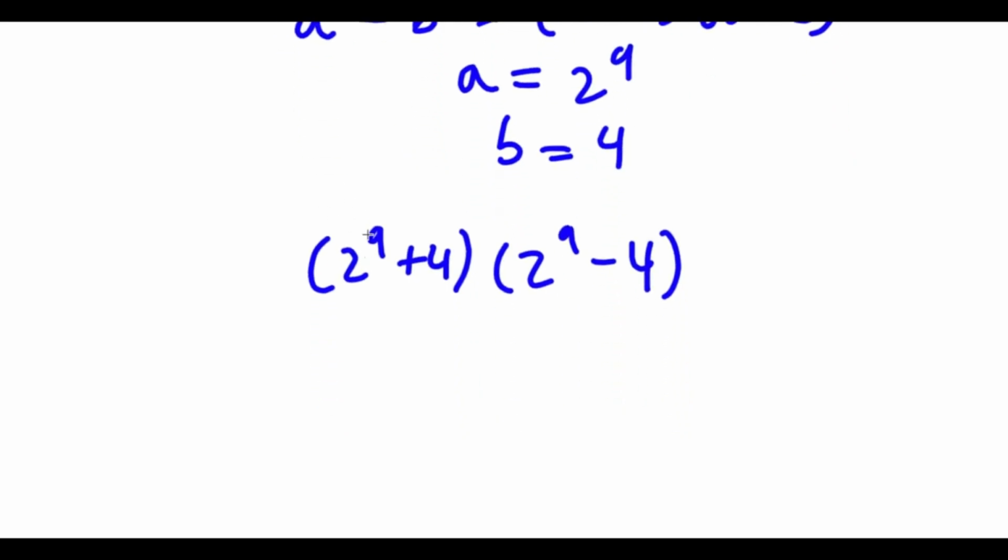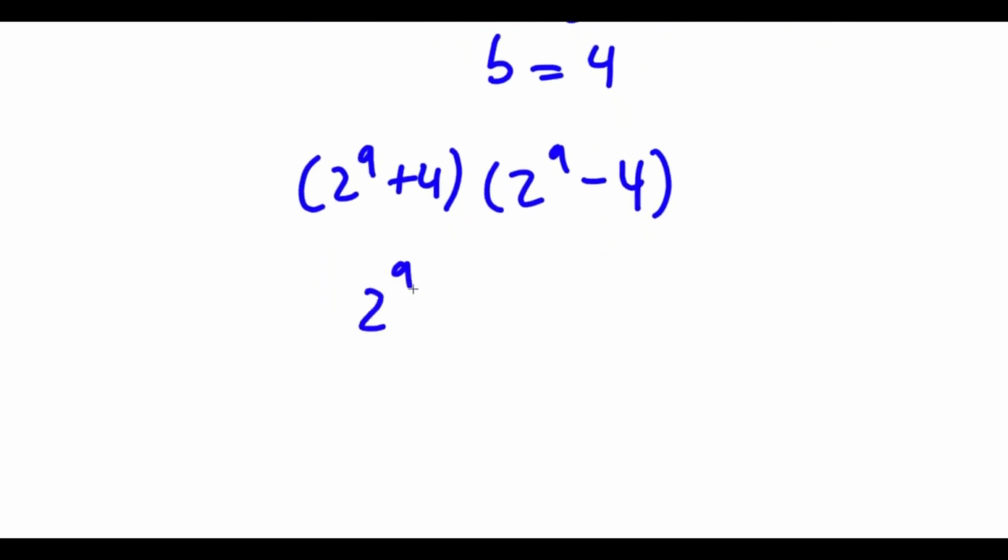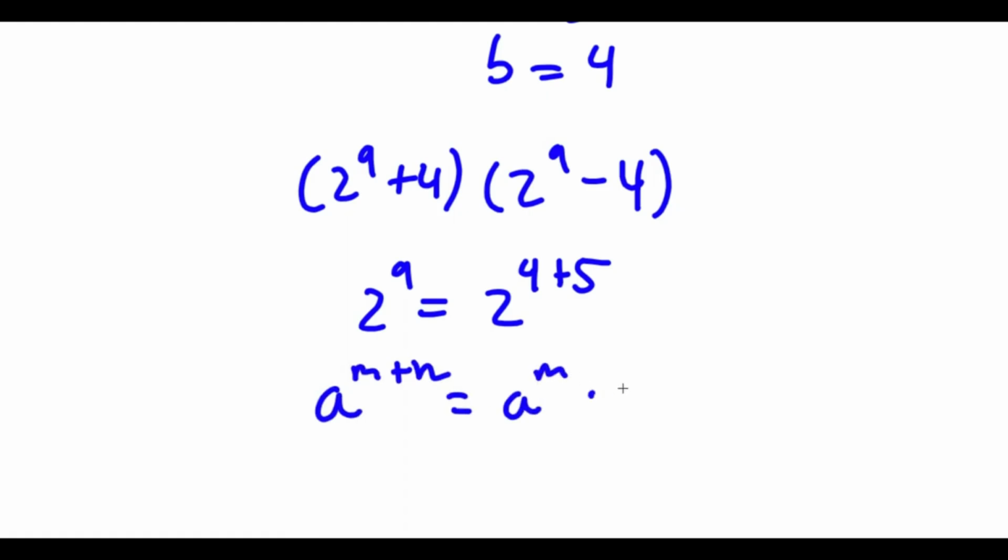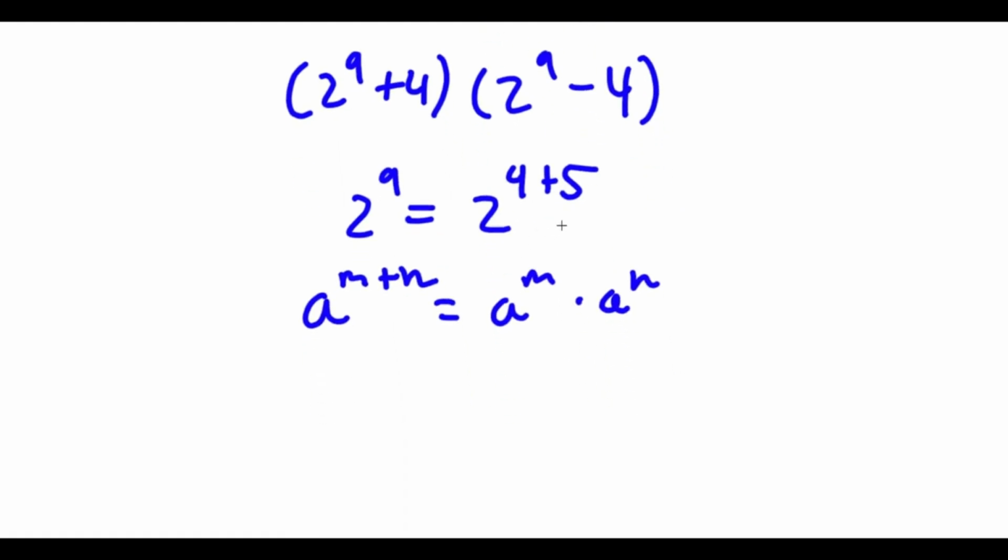Now 2 to the power of 9, let's go ahead and solve for this. 2 to the power of 9 is the same thing as 2 to the power of 4 plus 5. And now if I have something in the form a to the power of m plus n, this is equal to a to the power of m times a to the power of n. So 2 to the power of 4 plus 5 is going to equal 2 to the power of 4 times 2 to the power of 5.